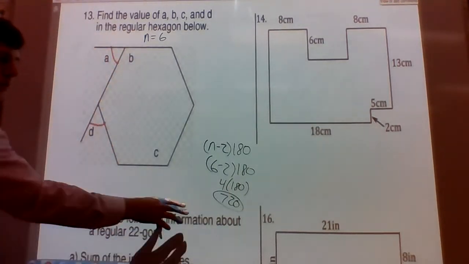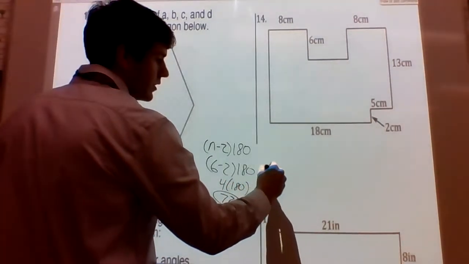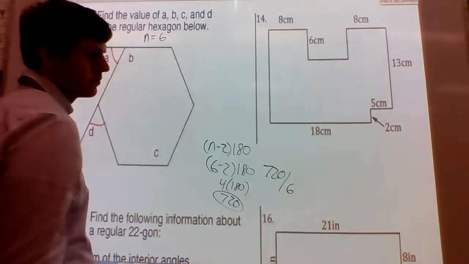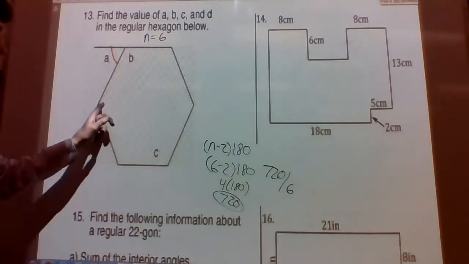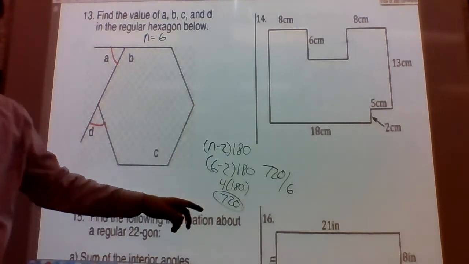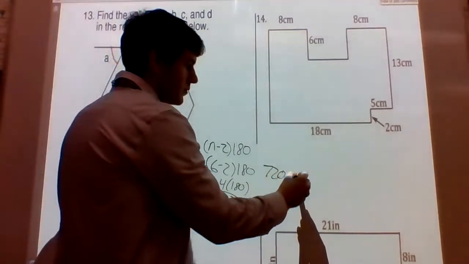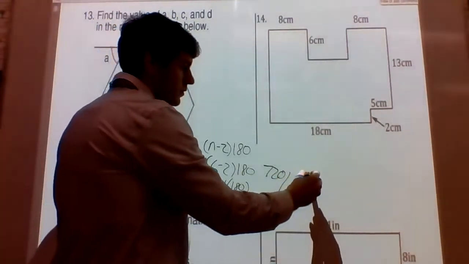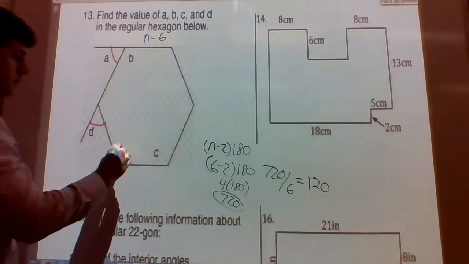Okay, so that's the sum of the interior angles. If we want to find the individual interior angles, we have to do 720 divided by 6, because there are 6 angles. Since all of them are the same measure, we can divide by 6, which is going to give us 120. So we know all of these angles are 120.